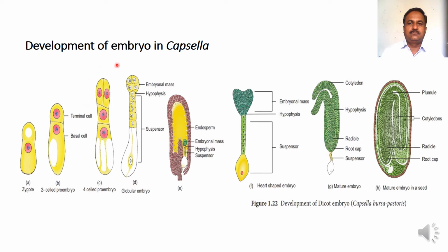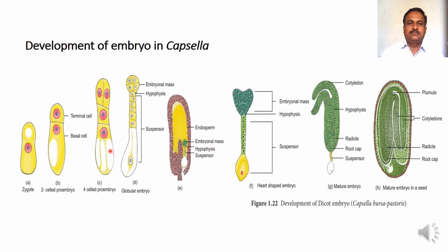This is the development of the embryo in Capsella, a typical dicot plant. You can see in the diagram a zygote or oospore undergoes division and gives rise to a basal cell and a terminal cell.